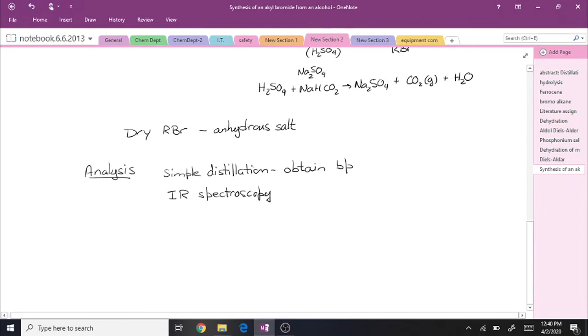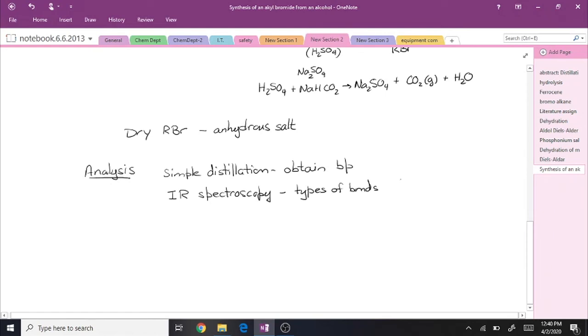In this case, we look not only at what is present in the infrared spectrum, but also we should look at what is absent. Remember, infrared spectroscopy tells us something about the types of bonds that we have. For an alkyl halide, the main thing we expect would be carbon-hydrogen bonds. But that was also present in our starting material. In fact, it's present in most organic compounds.